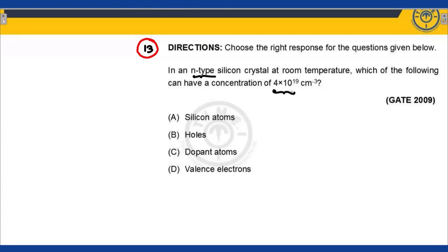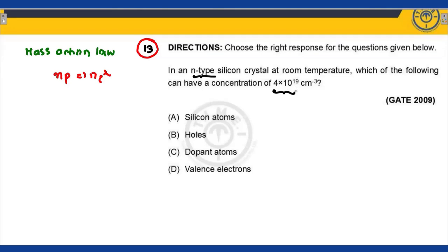Now I told you, my dear friends, that we need to bring back again the mass action law here. N into P is equal to Ni square, my dear friends. Now he is asking, which of the following has a concentration of 4 into 10 power 19 per centimeter cube?